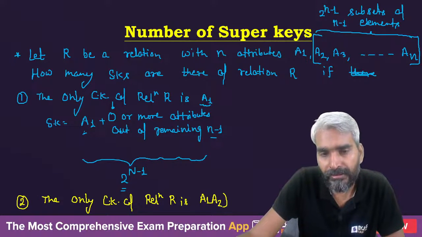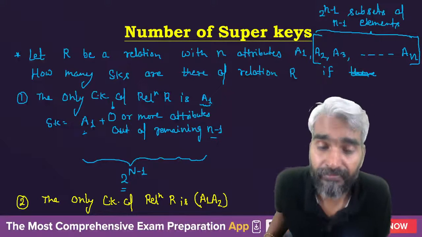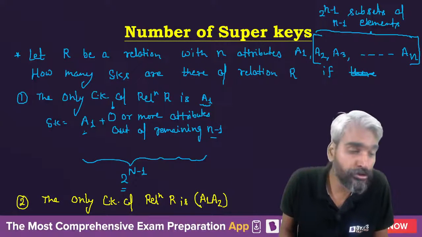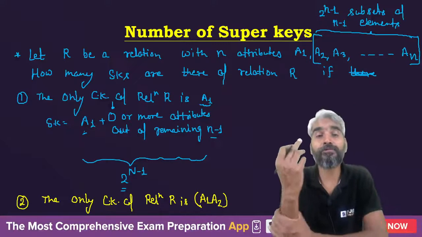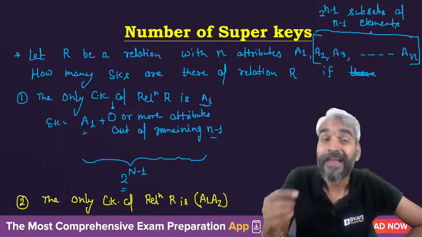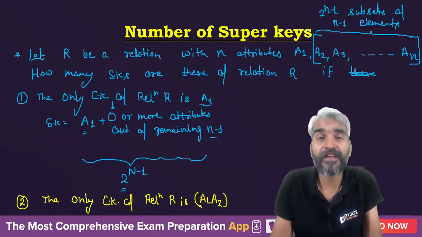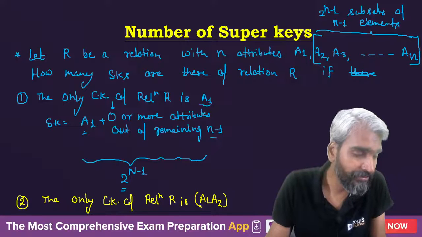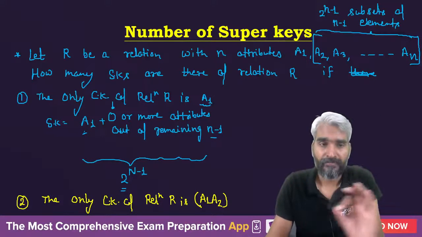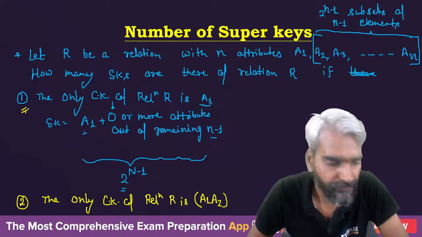That is, these two attributes together form the candidate key of the relation. Then exactly how many super keys will there be in the relation R? Give me the answer. If you have understood the first concept, now you can give me the answer for the second.